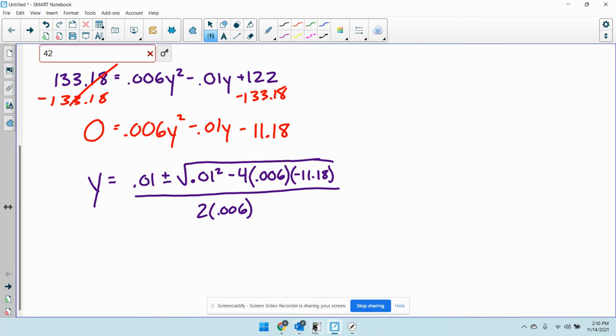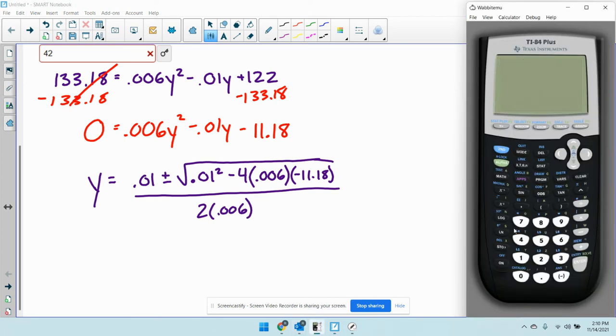You can do this all in the calculator. I'm just going to do that to save time, but I'm going to do alpha y equals, enter to get my fraction bar.